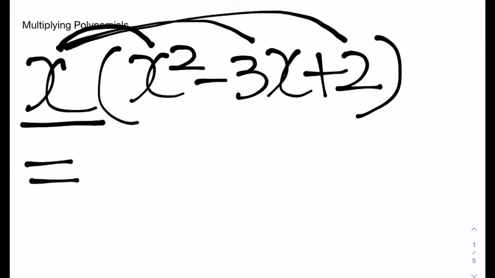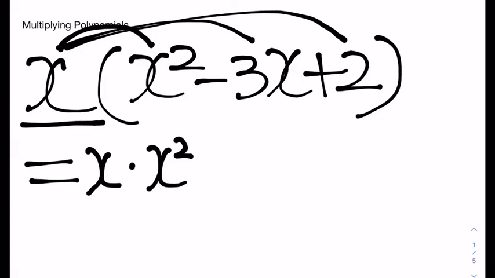So if we do that, we first multiply x to x squared, which is the first term in the second polynomial. So x times x squared, and then after that we do x times negative 3x, which is the second term in the polynomial.